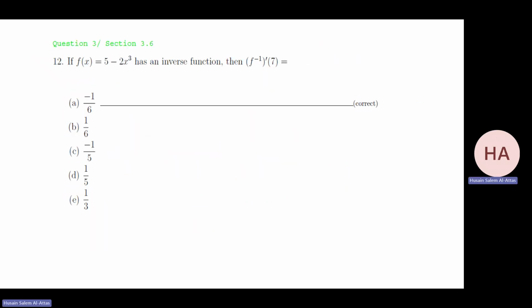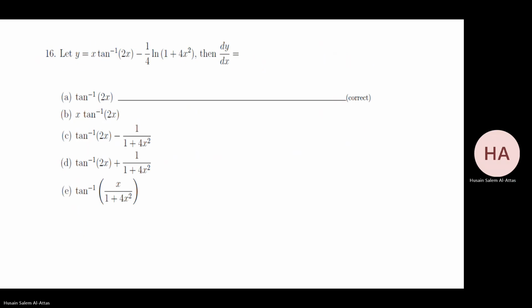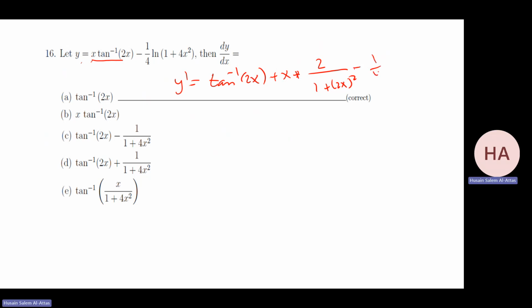If y equals this, I have to find this one. So do the calculations. We have the product rule here. So I have y prime: the derivative of the first, which is 1, times tan inverse of 2x, plus x times 1 over (1 plus u squared), the derivative of u, which is 2, so 1 over (1 plus 4x squared) times 2.